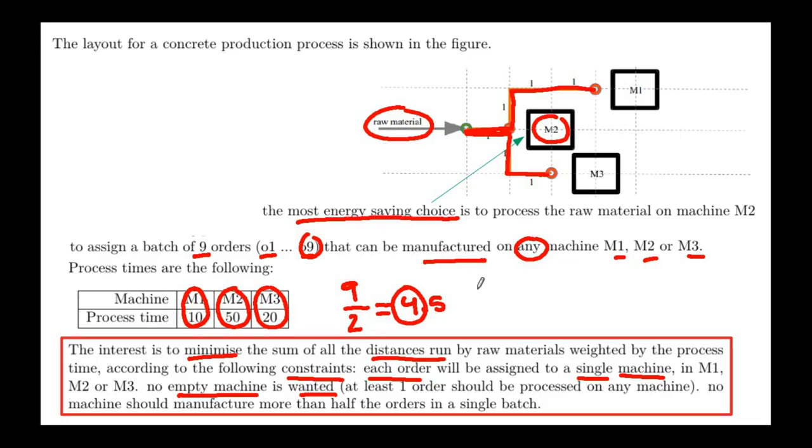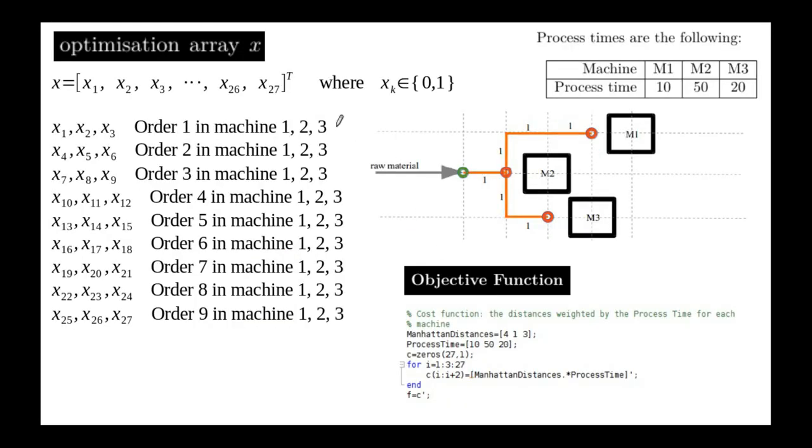So with all these preliminaries, we will define the optimization array first. As you can see here, the optimization array has 27 elements. And every element can have a value of 0 or 1.